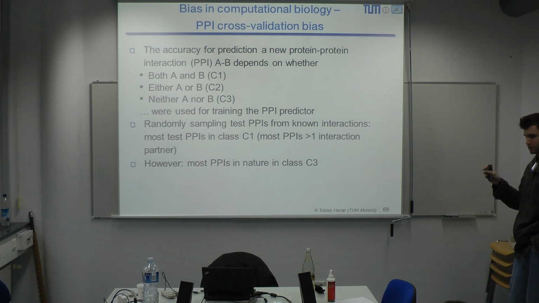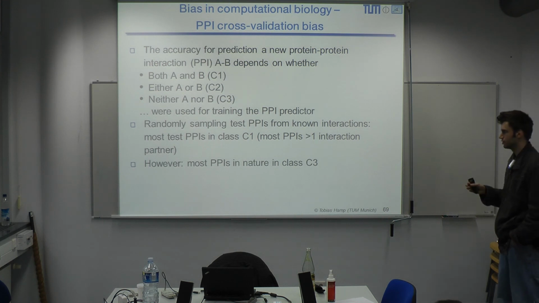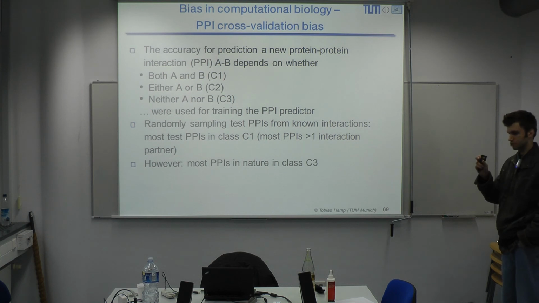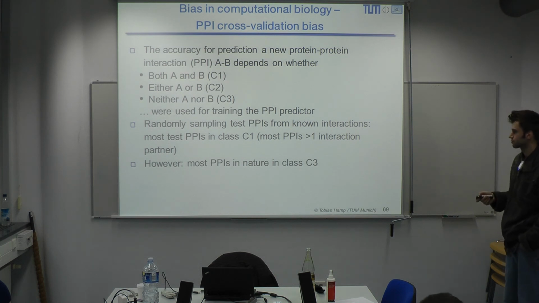And if you have a predefined interaction network and you randomly sample from this network and use this random sample as your test cases, then most of them will be in this first class, because in the network everything is typically well connected, so that if you take out one interaction, the protein still stays connected in the network, and this way again falls into class C1.